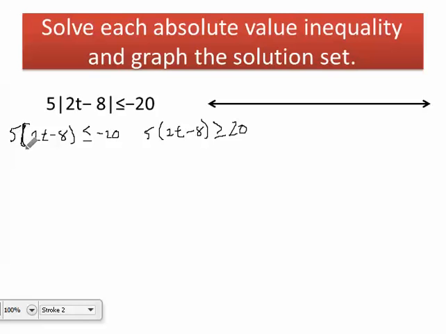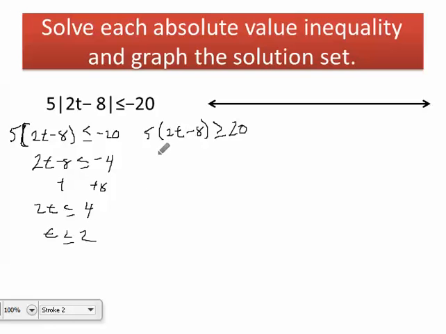Okay? So when I divide by 5, I get 2t minus 8 is less than or equal to minus 4. And I add the 8 to both sides. I get 2t is less than or equal to 8 and 4 is 4. Divide by 2, t is less than or equal to 2.